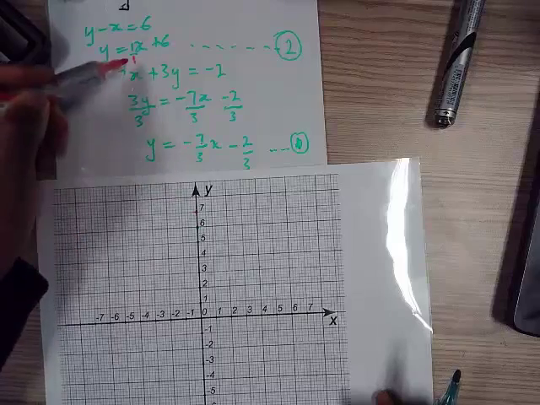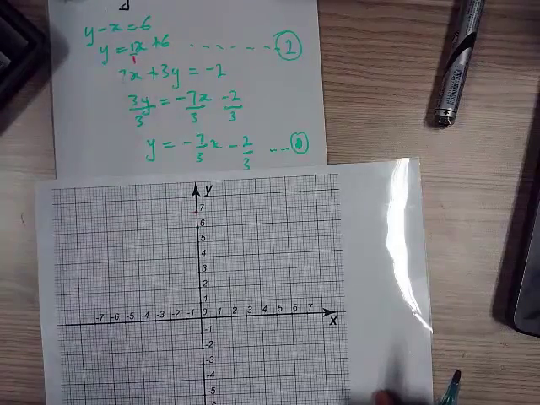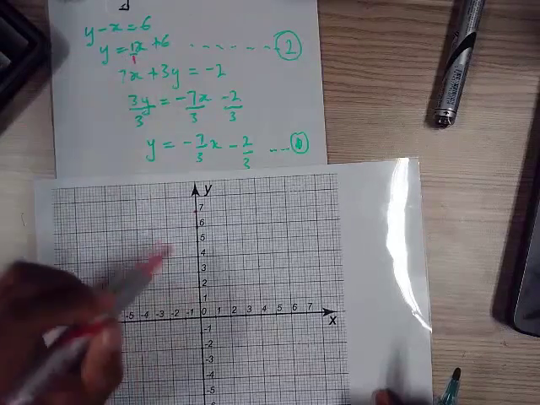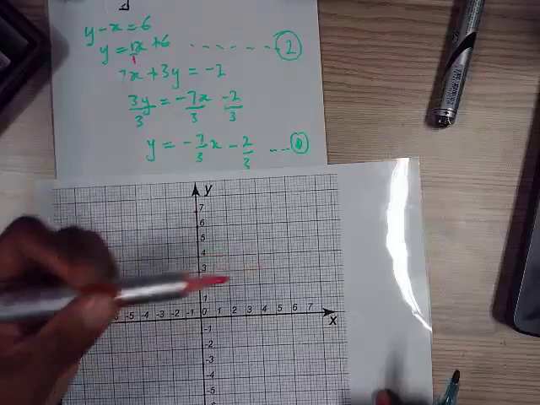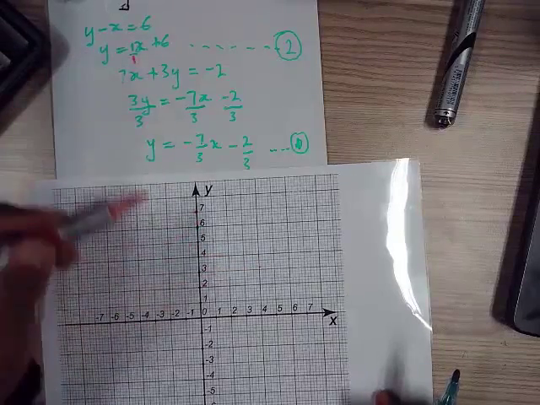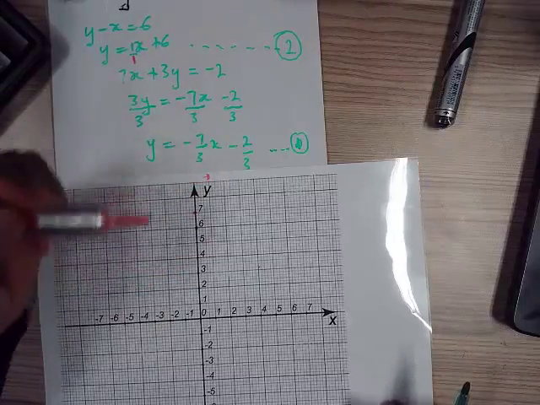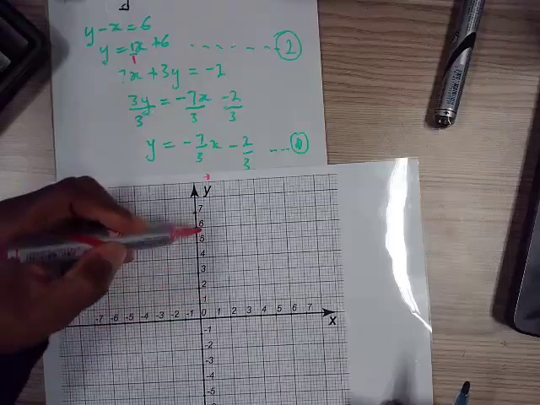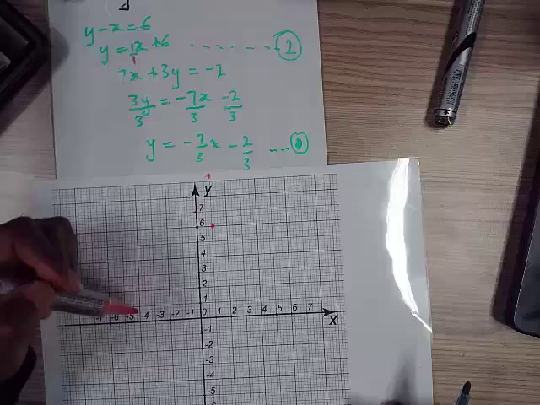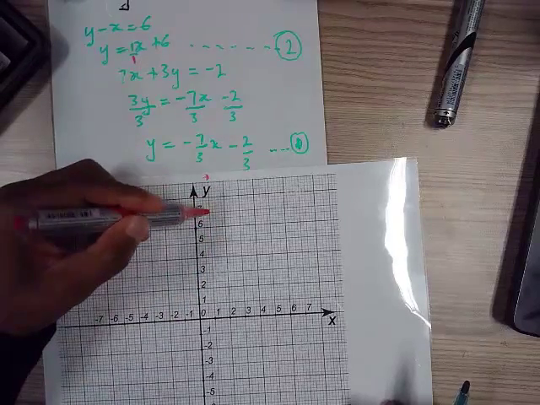And the bottom one, the denominator, tells you how many times you move to the right or to the left. But because it's the positive sign, you will move to your right. So you move once to the right, from here to there.